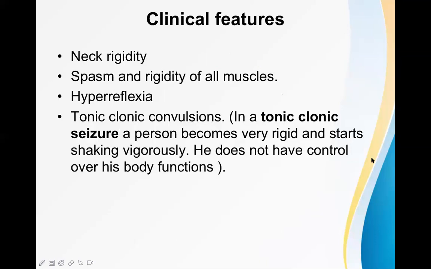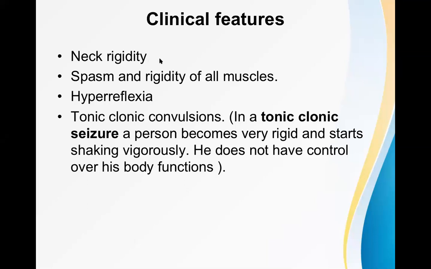Now, the same patient may have neck rigidity. Neck rigidity means stiffness of the neck. Now, there are so many other differential diagnoses, or I can say the causes of neck rigidity. Meningitis, meningoencephalitis, subarachnoid hemorrhage. All of these can lead to neck rigidity, which are very different conditions than tetanus.